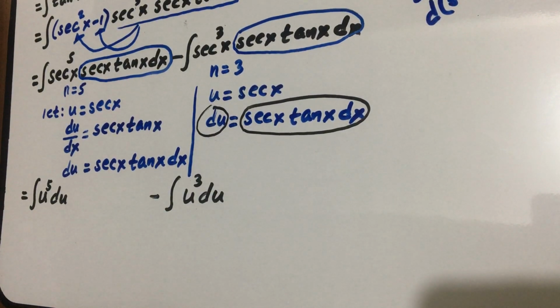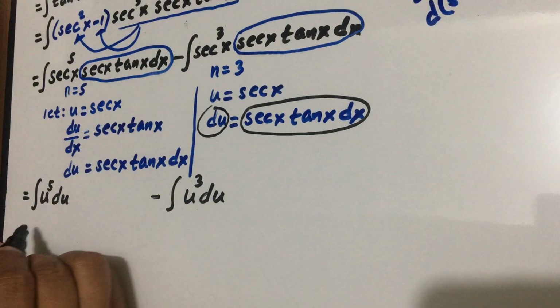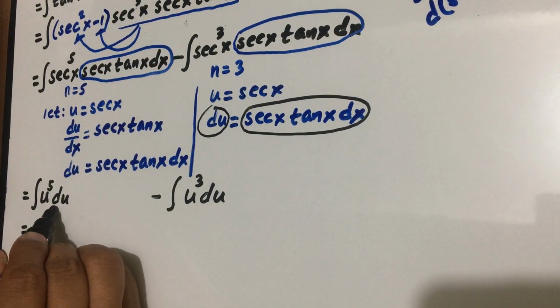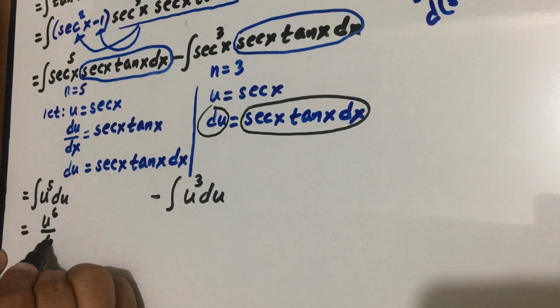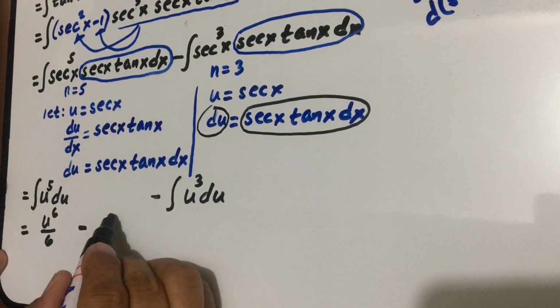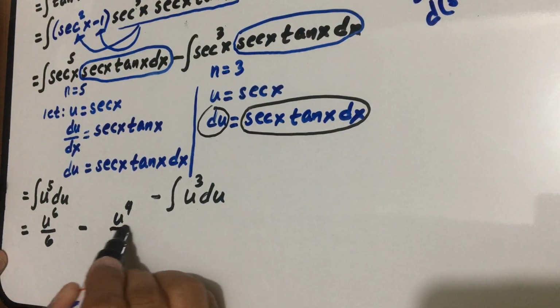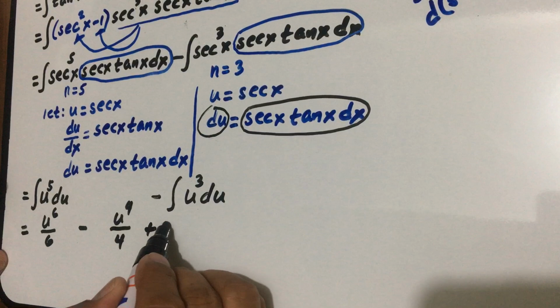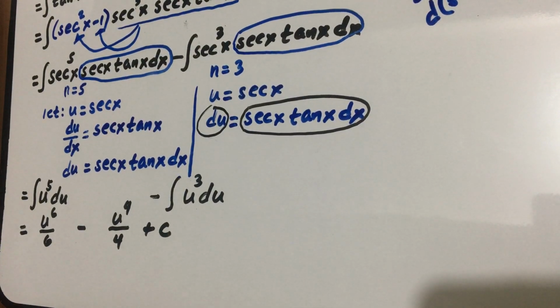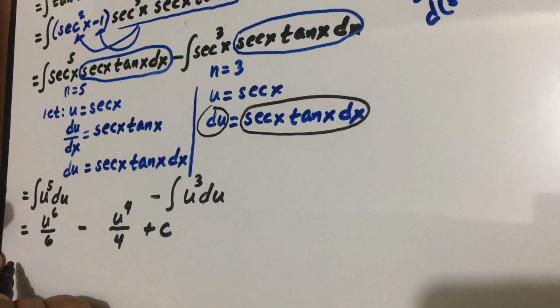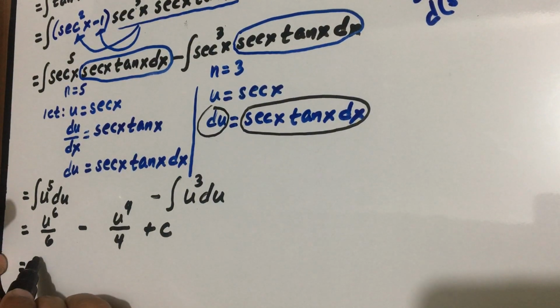So we can rewrite this as u to the 6 over 6, then minus u to the 4th divided by 4, then plus c. Right? Then substituting the value of u, which is secant x.